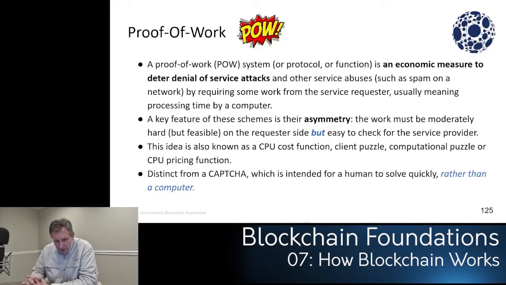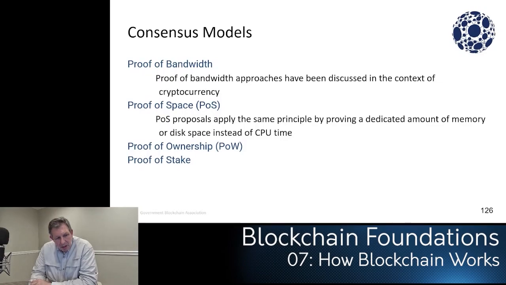These are all different ways that it's expressed. It's different than a CAPTCHA, which is intended for a human to solve quickly. This is purely done only by a computer. So proof of bandwidth, proof of stakes, proof of ownership. There's a gazillion different types of consensus models or mechanisms. You can Google them and find all kinds of them, and people are making up new ones all the time.